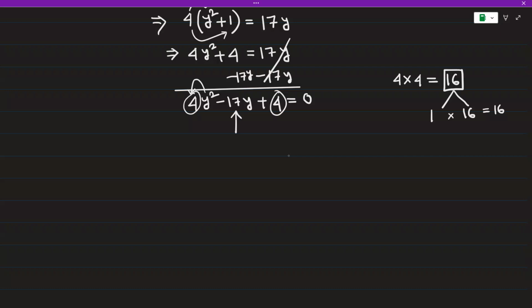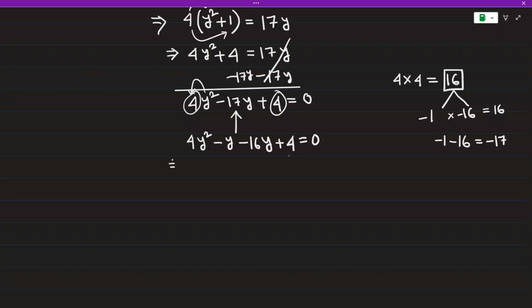If we take negative 1 and negative 16, we get positive 16, and the sum of negative 1 and negative 16 makes negative 17. That means 4y² we keep the same, negative 17y we can write as negative y, negative 16y, plus 4 equals 0.